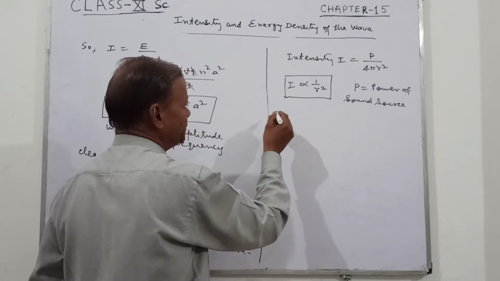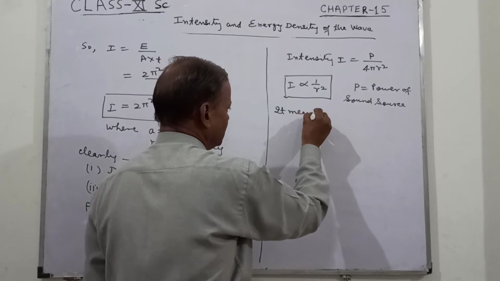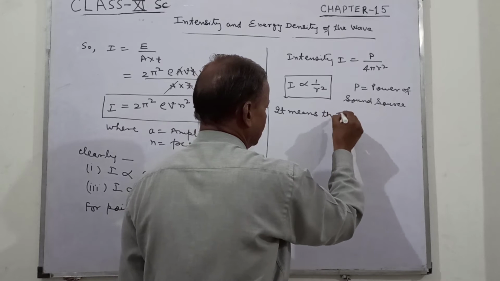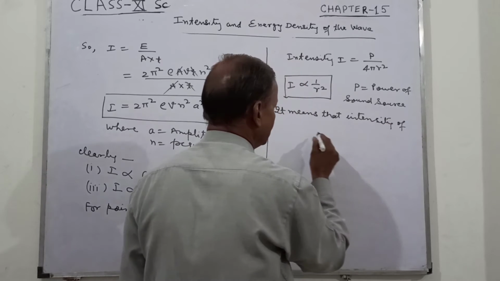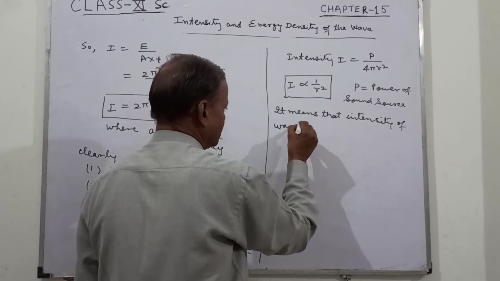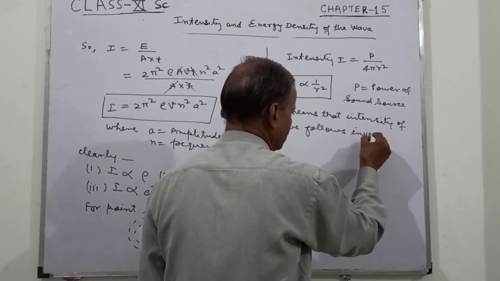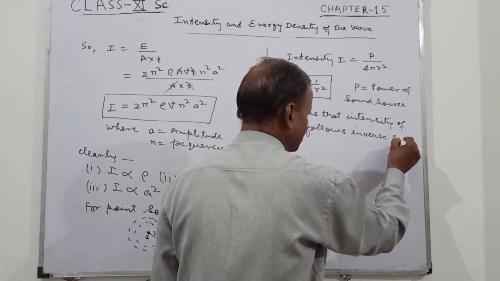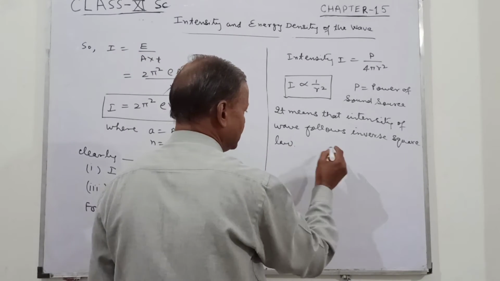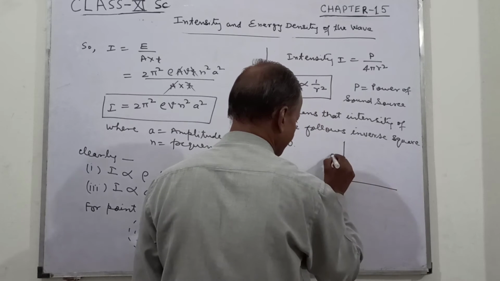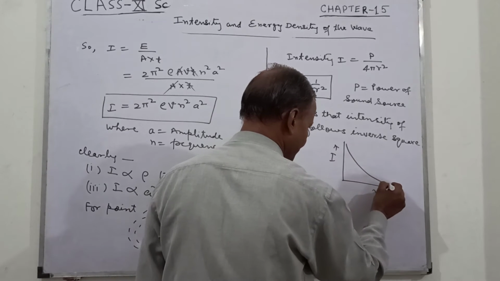It means the intensity of the wave follows the inverse square law. If we take intensity against distance, the graph will look like this.